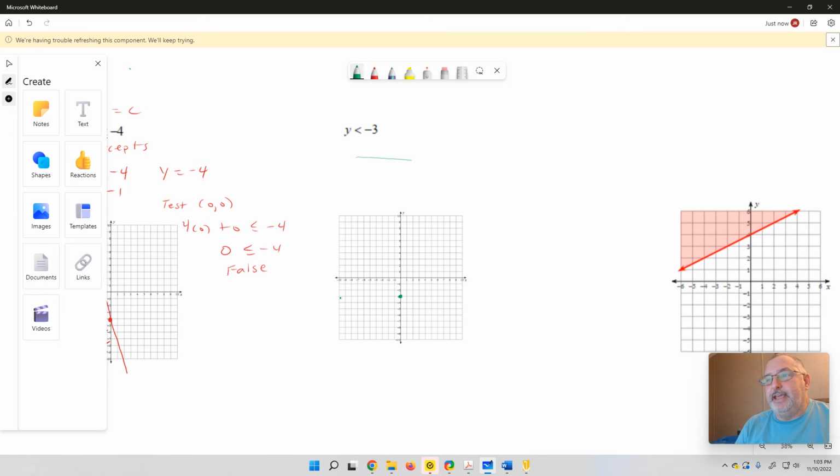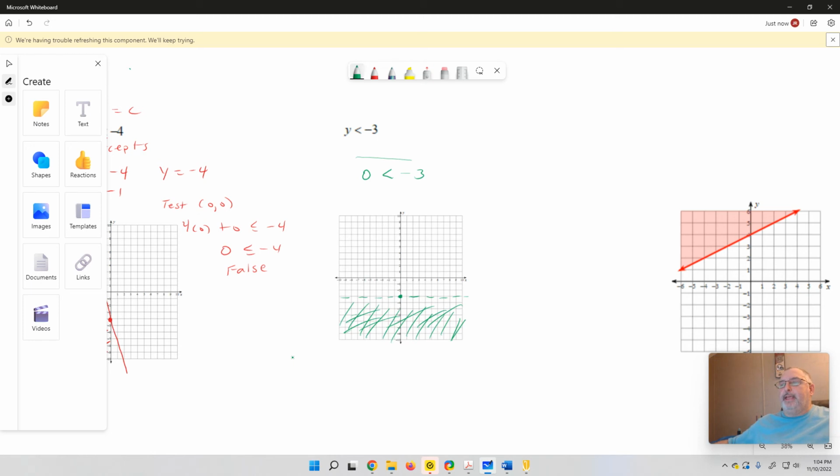So I'm going to draw a dashed line across there. And again, my test point is 0, 0. So I'm going to plug in 0. Is 0 less than negative 3? Well, no, it's not. So I shade the opposite side. That's really all there is to graphing a linear inequality.